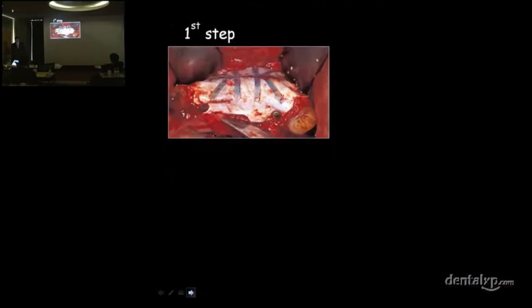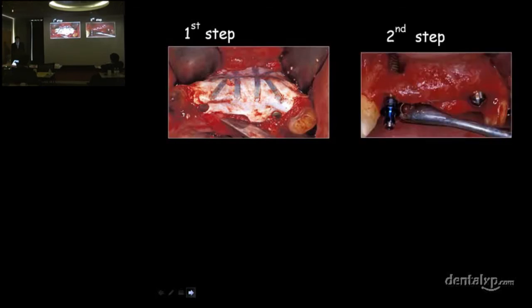In this case, first horizontal augmentation was performed to create a foundation. Then an implant was immediately placed, which was critical to preserve buccal bone. At the same time, vertical augmentation was performed to provide aesthetic tissue support.